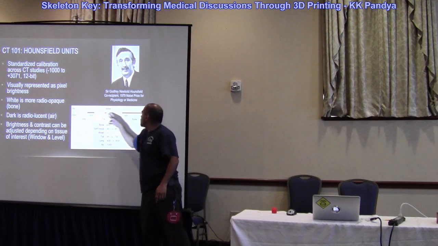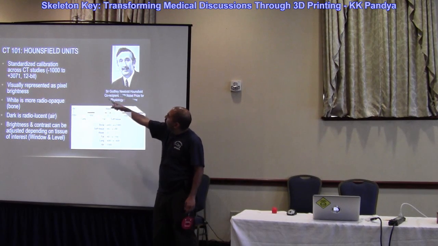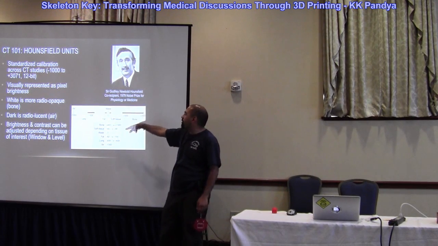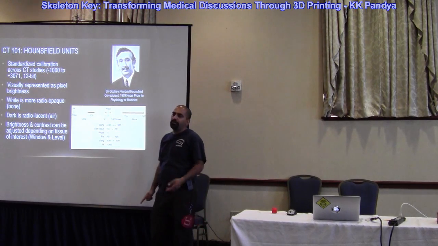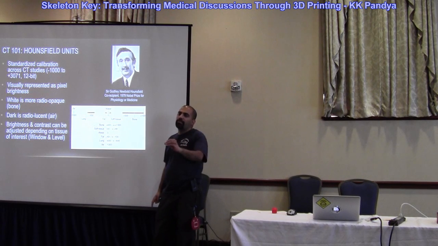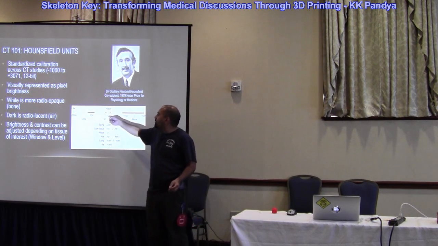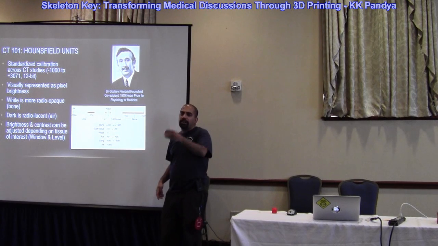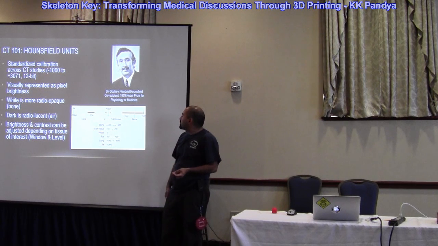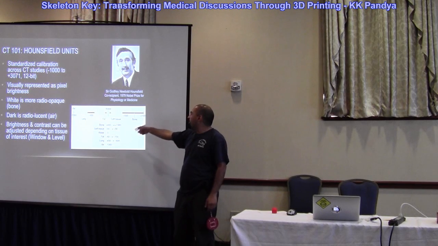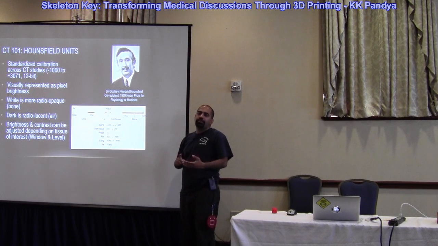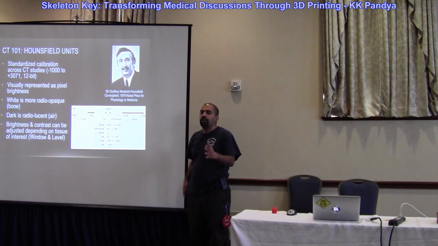The range goes from -1,000 to +3,000. -1,000 is defined as how X-rays appear when they pass through air. 0 is defined as how X-rays appear on the other side when they pass through a reference volume of water, and it's a linear scale. The nice thing is different kinds of tissue appear uniform on different studies if the study was shot correctly.